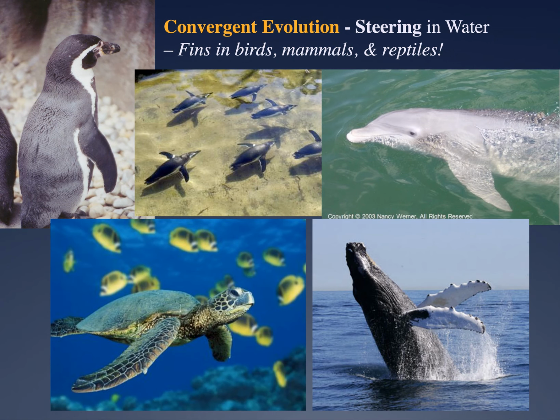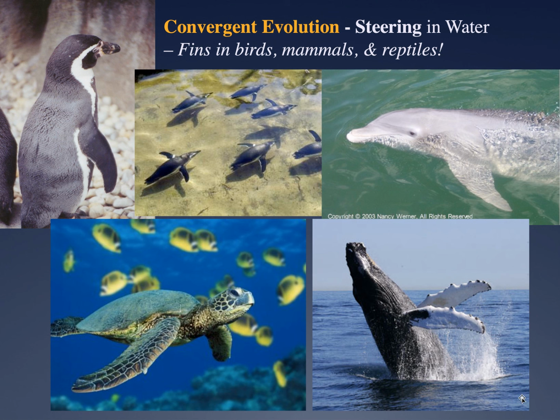Other aspects of movement. Here we're taking a look at something called convergent evolution, in which independently different groups of organisms have evolved similar kinds of adaptations. So if you look at the penguin flipper up here on the left, here they're gliding about in the water. Compare that to the flipper on a dolphin, the flipper on a sea turtle, the flipper on a whale.